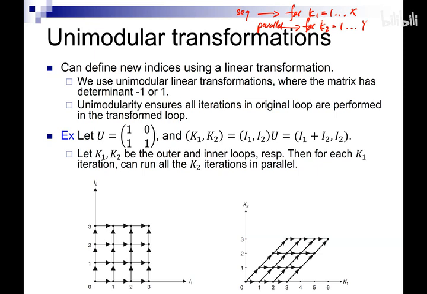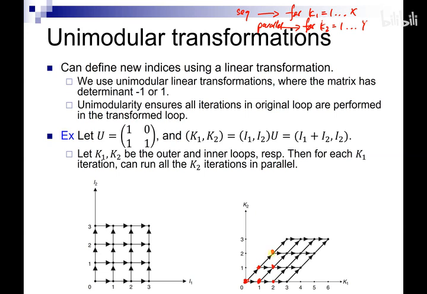The way to see this is that as long as we do this sequentially, we do this first. Then when it comes time for K1 equals 1, the different K2 iterations don't have dependencies on each other, so they can be done in parallel. Likewise, for K1 equals 2, we have these three K2 iterations, and they can also be done in parallel because they do not depend on each other.